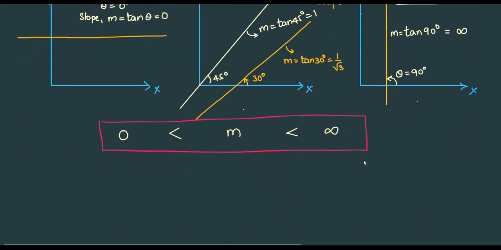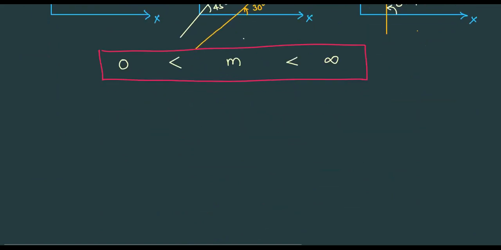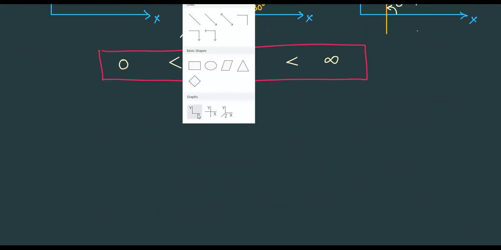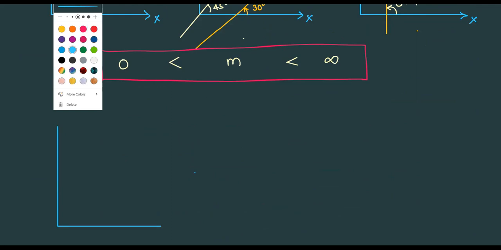Okay. Now let us see negative inclinations. I hope you're understanding what I'm teaching. Yes, sir. How theta is slope is tan theta.